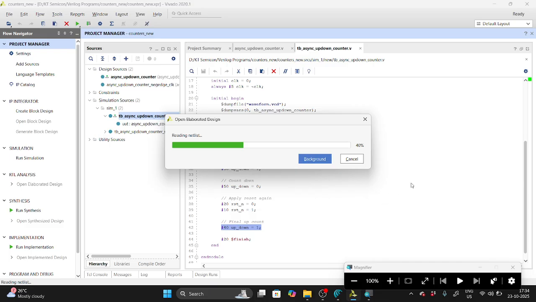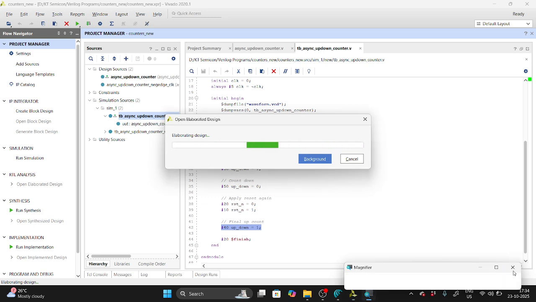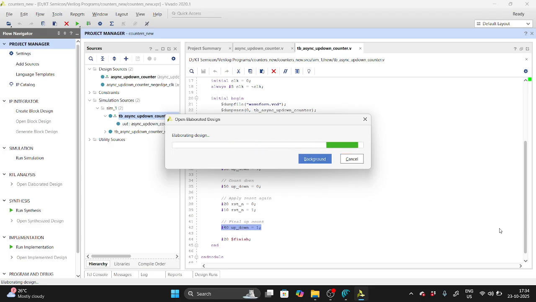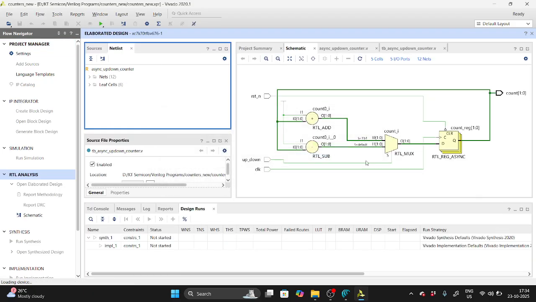I'm just elaborating the design. So this is my design.